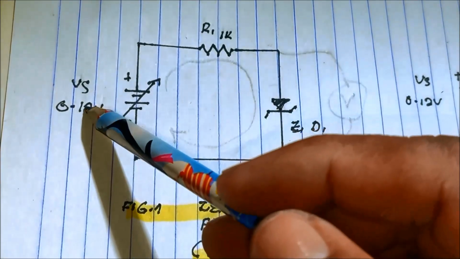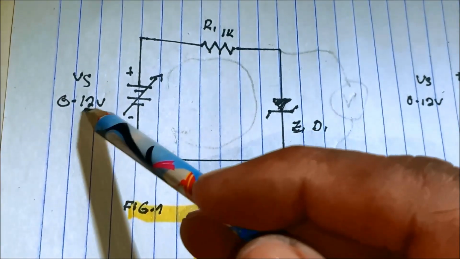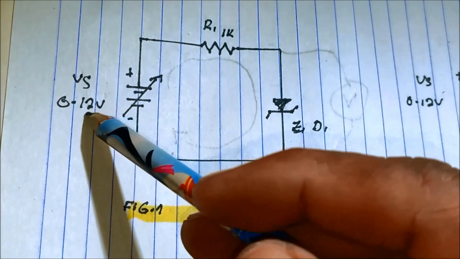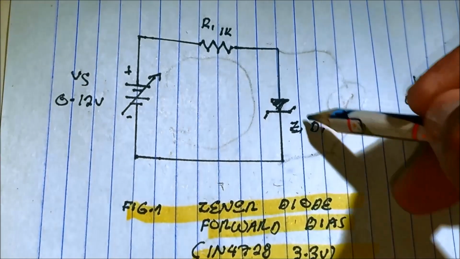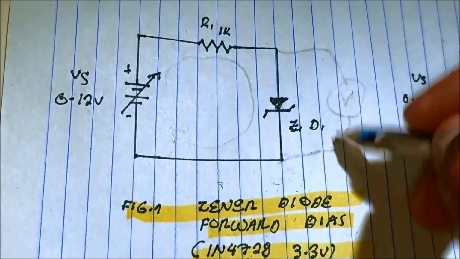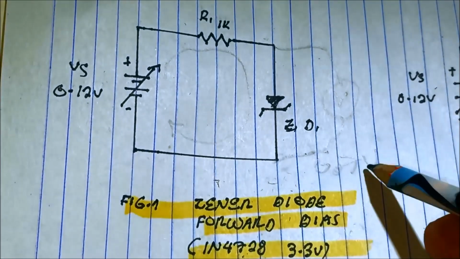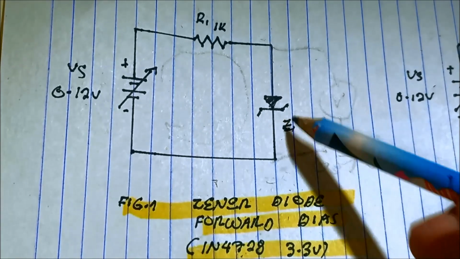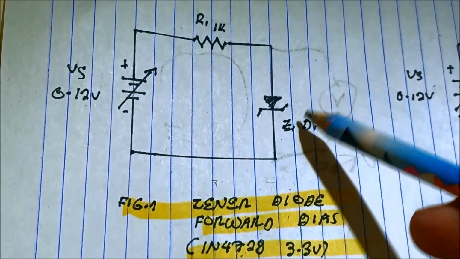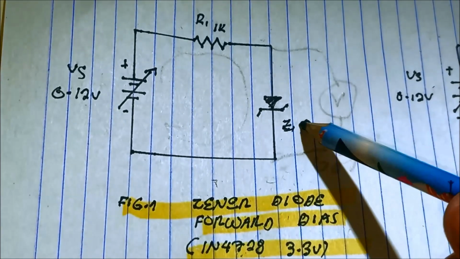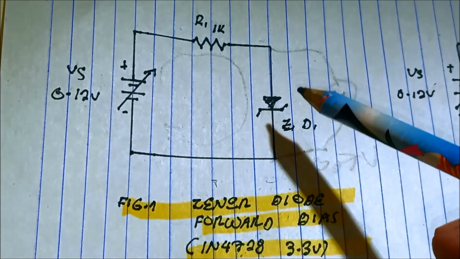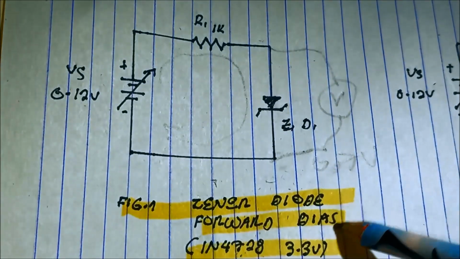As we keep on adjusting the voltage, what is the voltage across the Zener diode? It is 0.7 volts. The Zener diode functions as a regular diode when connected in a forward bias condition.